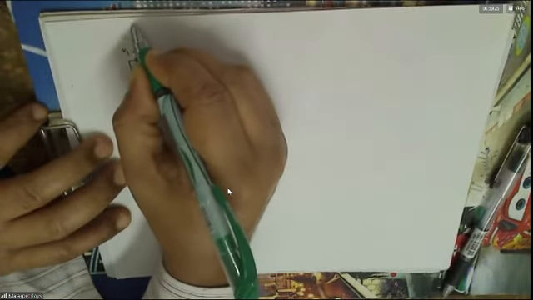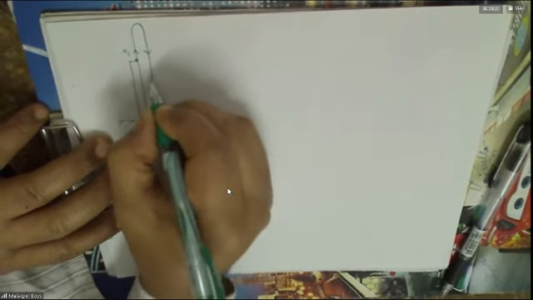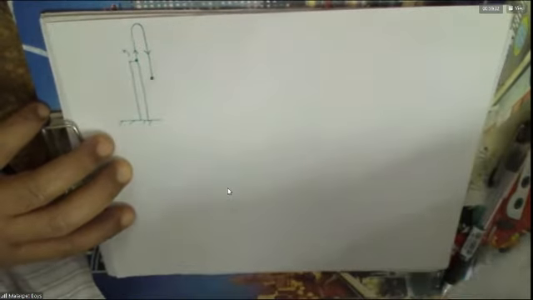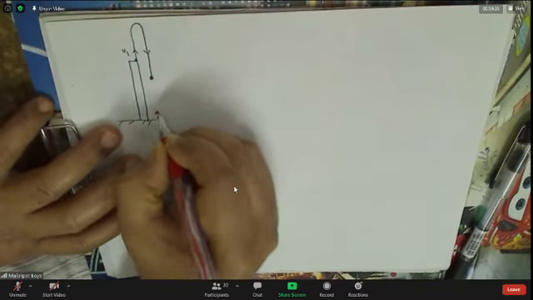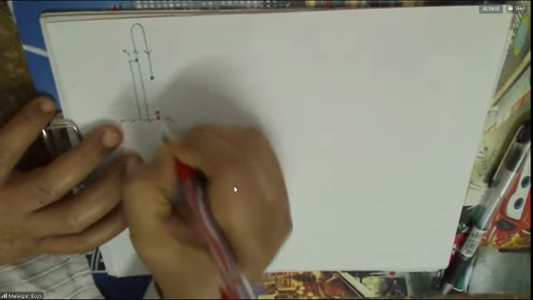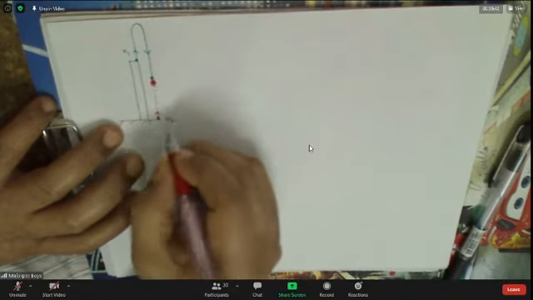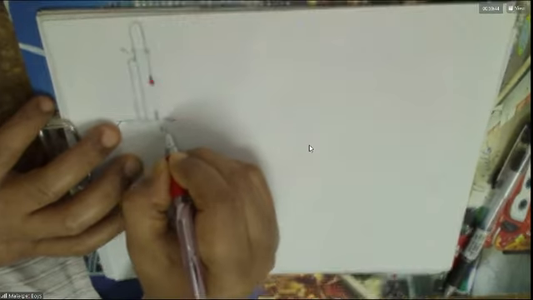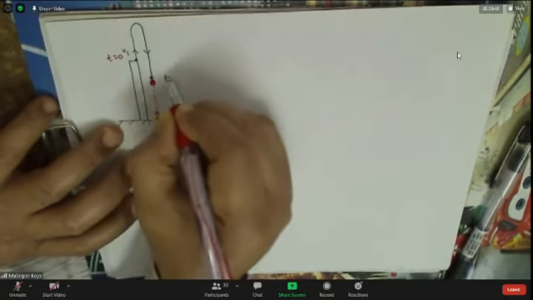This goes up, comes down. So this is at t equals 0. This is at t equals 0. They meet at t equals t1.